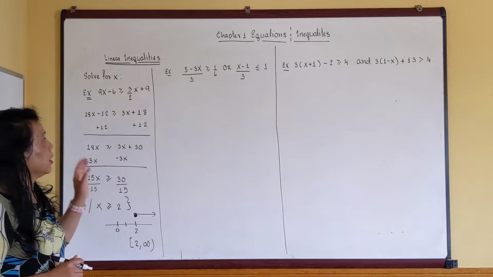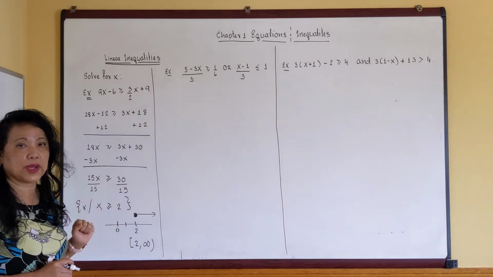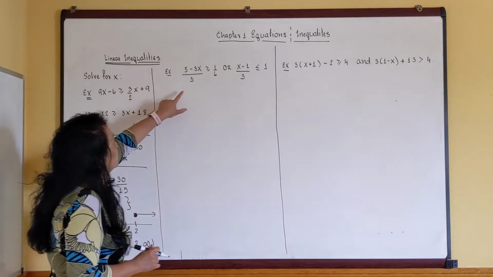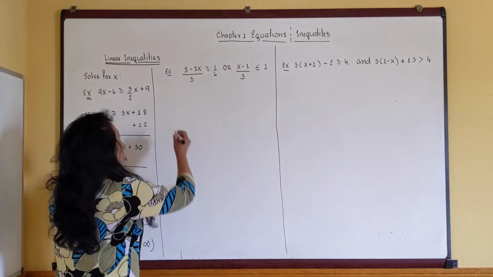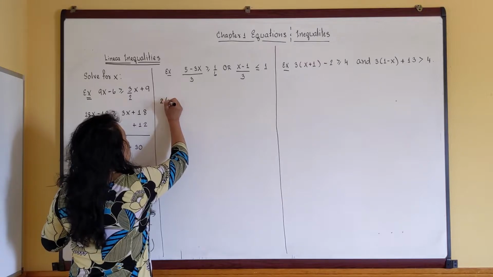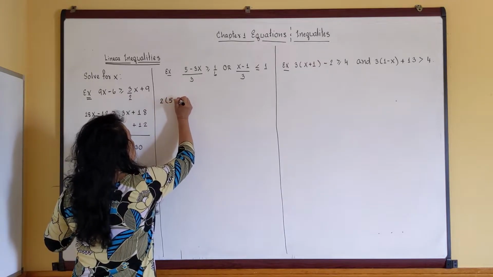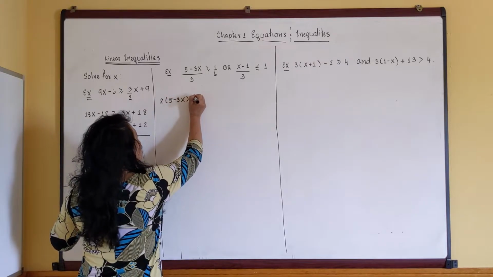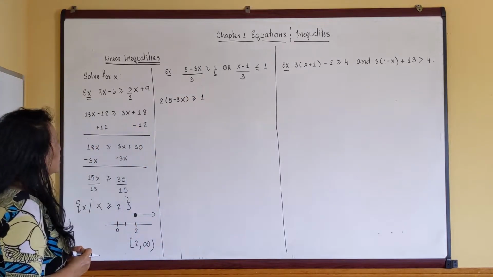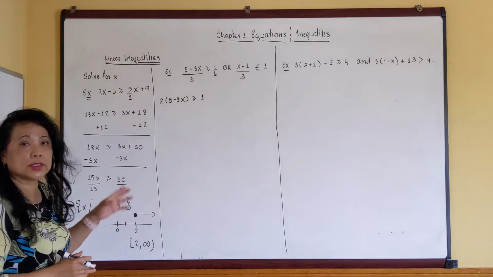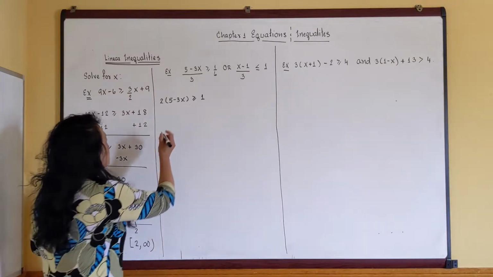I would multiply the left hand side by 6 and the right hand side by 6. If I multiply the left hand side by 6, 3 goes into 6 two times, so I will have 2 times (5 minus 3x). If I multiply the right hand side by 6, I have 1. Now it's no more fraction, I just distribute and solve for x.